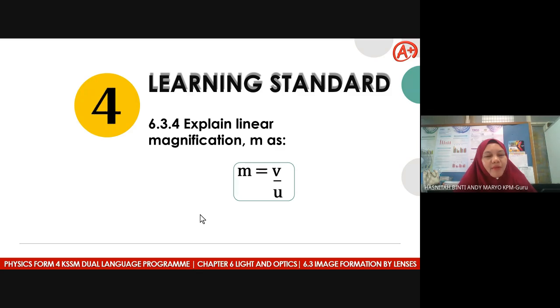The final term is focal length, with small f. So you do both for convex and concave lenses. For convex, it should converge to the focal point behind. And for concave, it should diverge from the focal point at the front. Okay, got it?